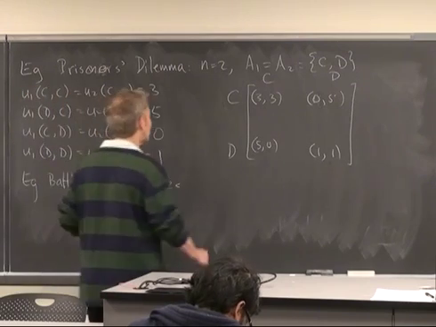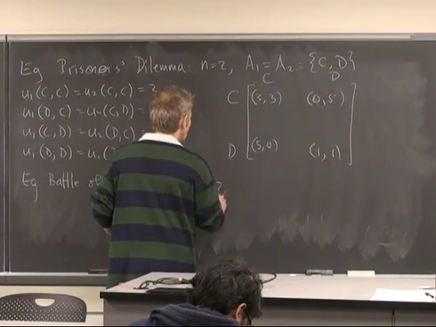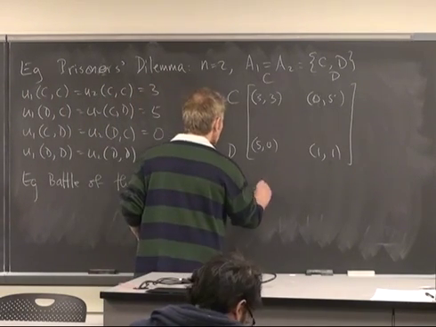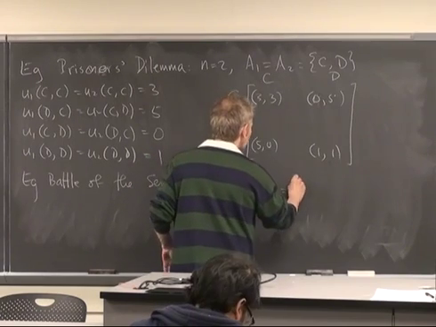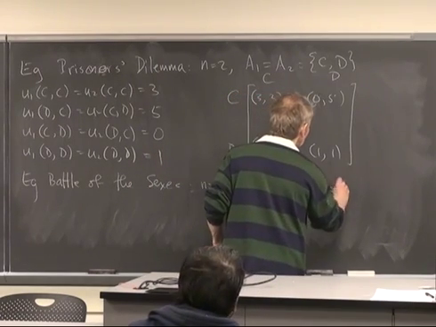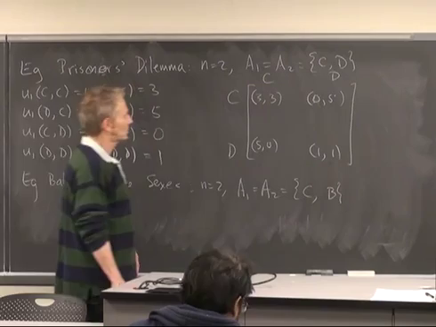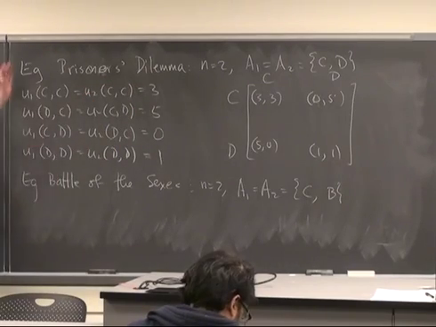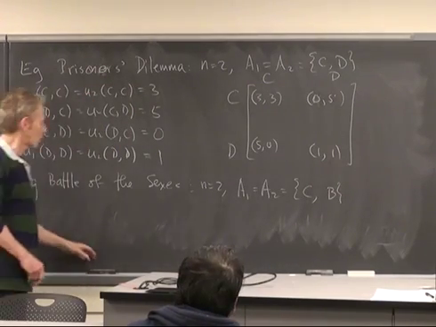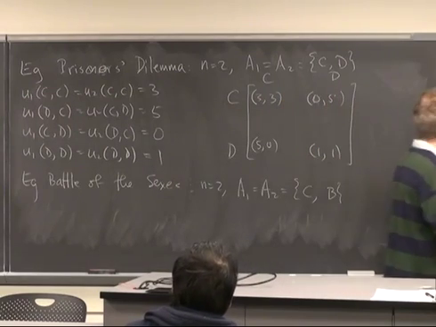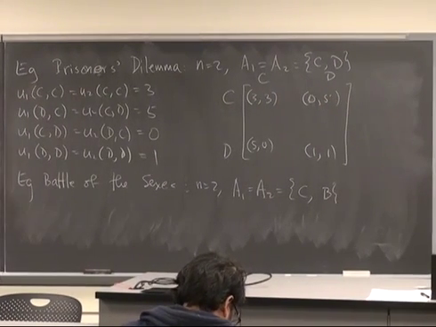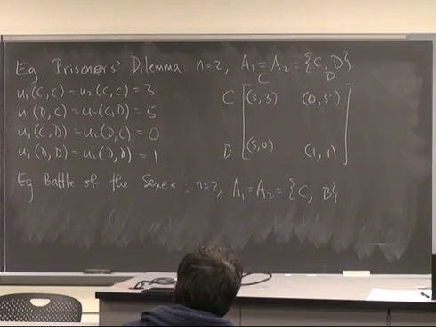So again, n equals 2, and the action spaces are the same, and they consist of C and B. I'll tell you what those stand for in a minute. I'm not going to write down the U's, I'm just going to write down the matrix. And that'll describe the situation.